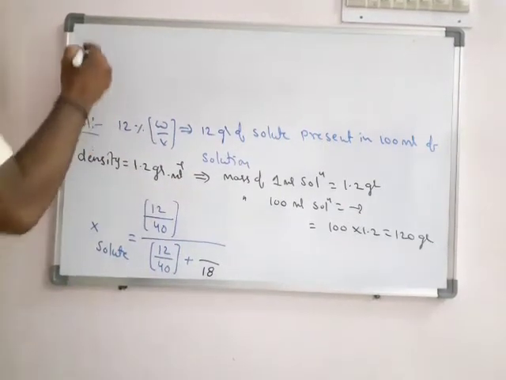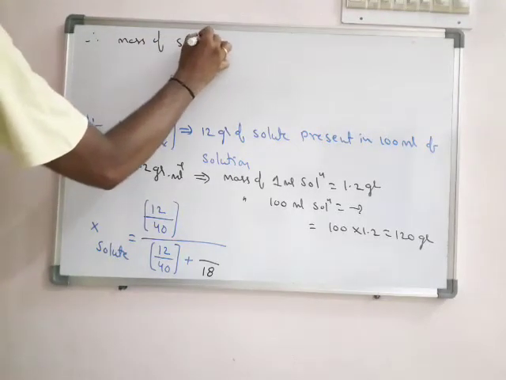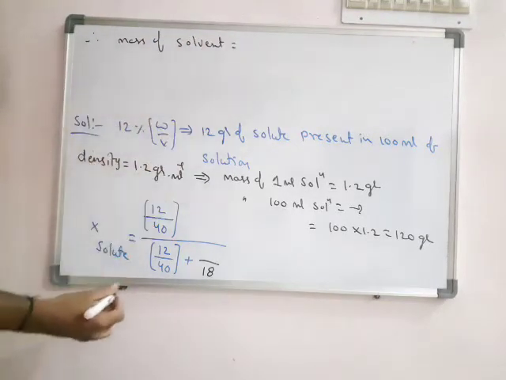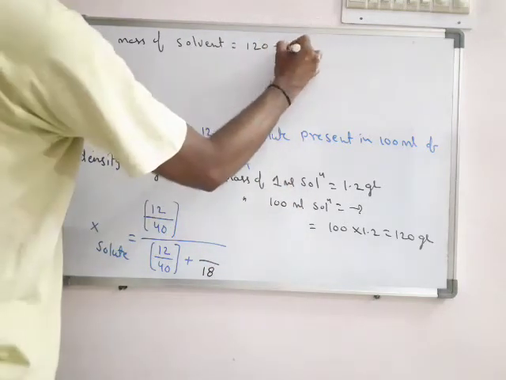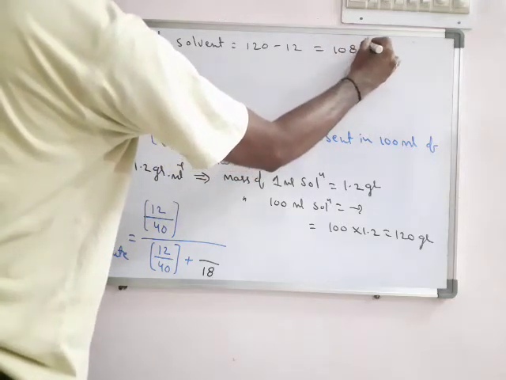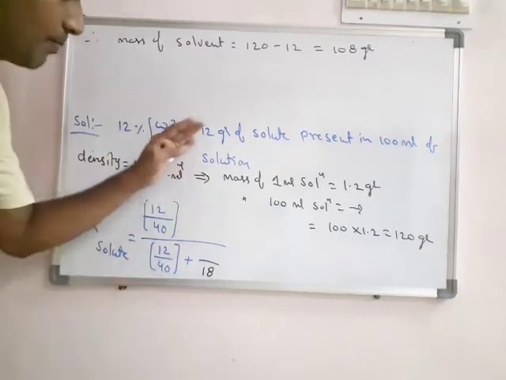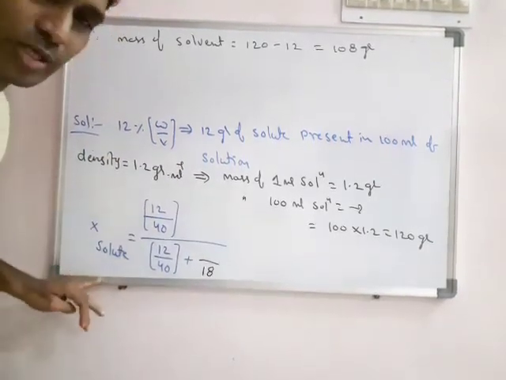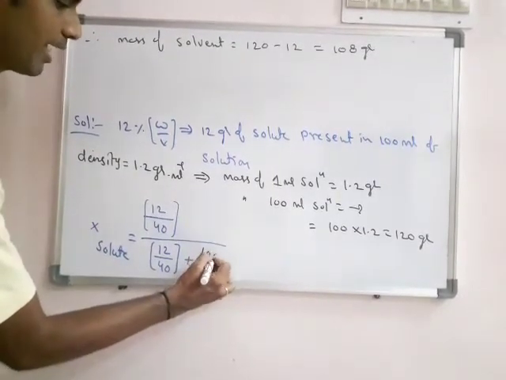The mass of solvent equals the mass of solution minus the mass of solute. So here we get 108 grams of solvent. After this step, you do the next step. So 108 grams.